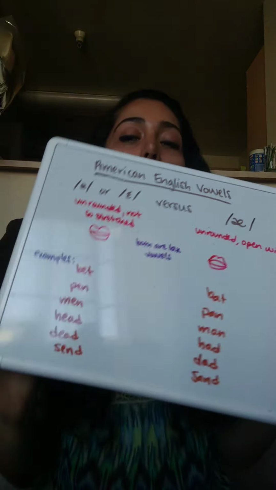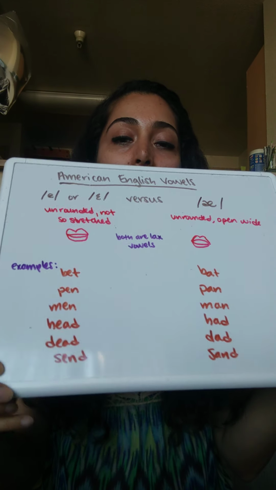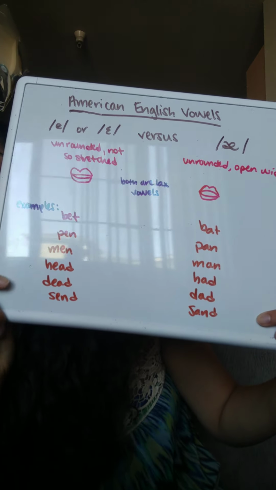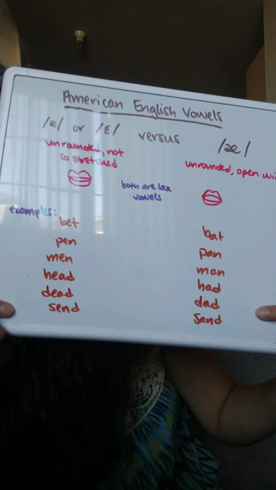Dead, dad. Okay? And the last word on the list for practice is send and sand. Again, first word here is send, sand, send, sand. E, a, send, sand. Okay?